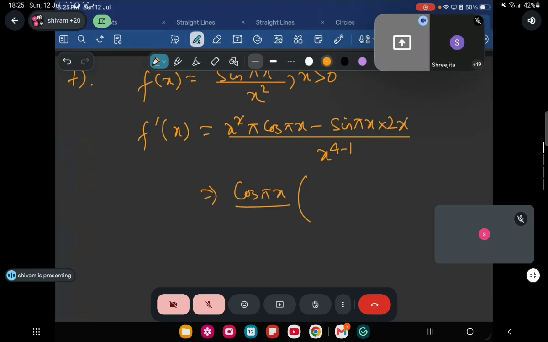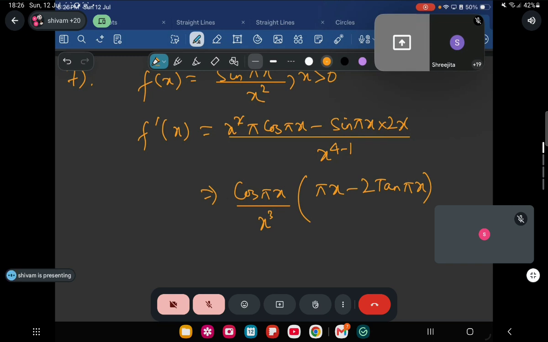I am taking cos pi x by x cube common. Within brackets, what are we getting? Let me see. Pi x minus 2 tan pi x. Right, tell me everyone, are people getting pi x minus 2 tan pi x? Check it properly. Yes or no? So over here, cos pi x is equal to 0 at how many points?